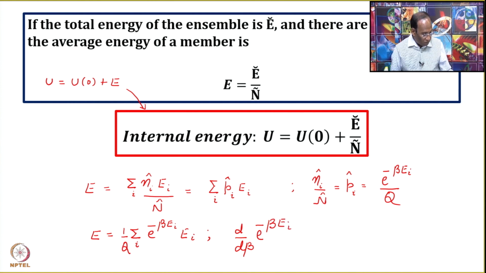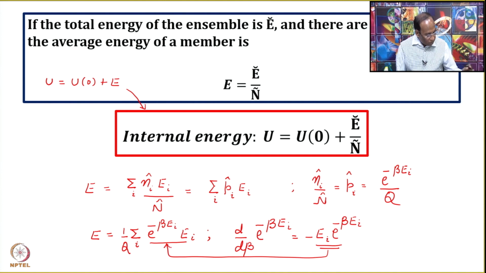Let us consider this. This is equal to minus Ei into exponential minus beta Ei. So now this can be put over here.